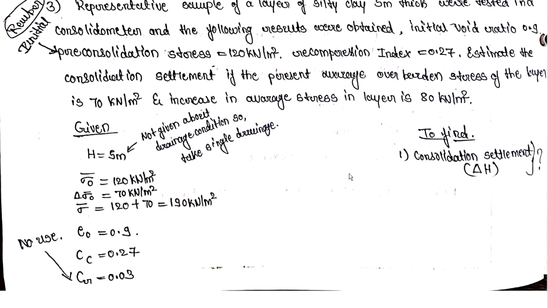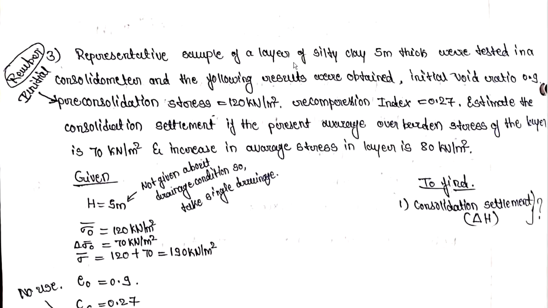Third problem: a representative sample of a layer of silty clay, 5 meter thick, was tested in a consolidometer and the following results were obtained. The initial void ratio is 0.9. The pre-consolidation stress, this is very important.